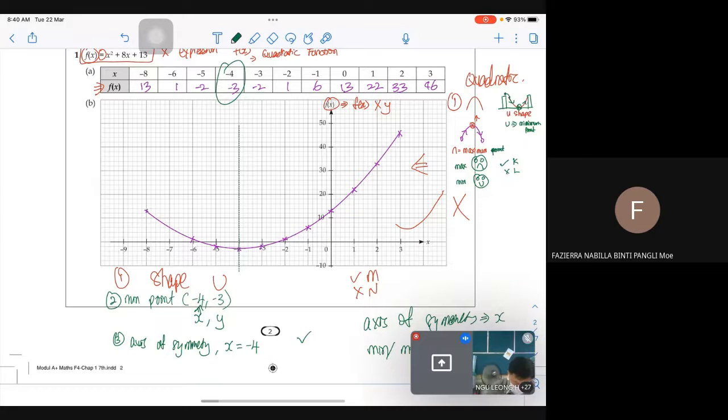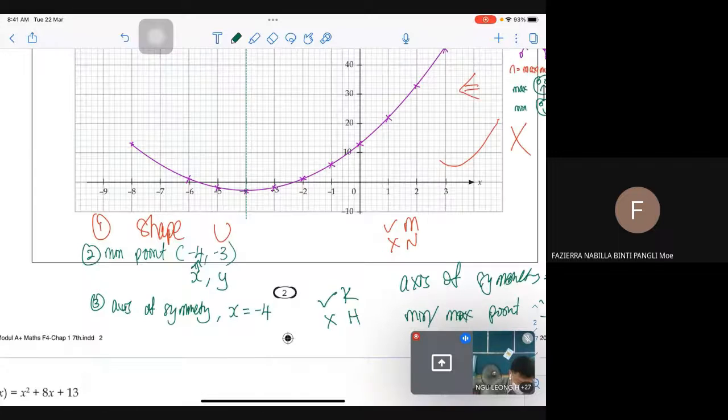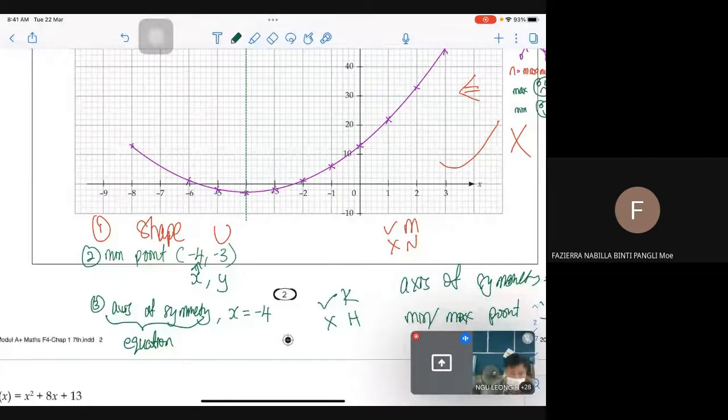If you understand, reply me K. If not, H. Okay, so axis of symmetry is actually an equation. What kind of equation? It is a linear equation. Why? Because a linear equation is a straight line.